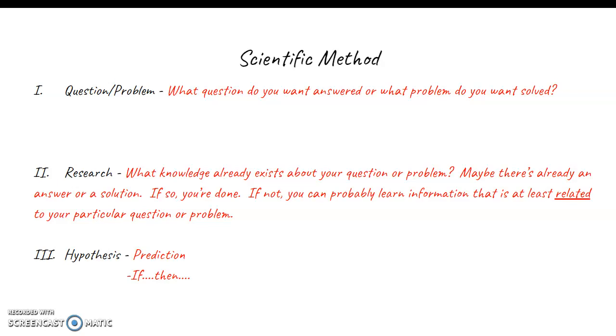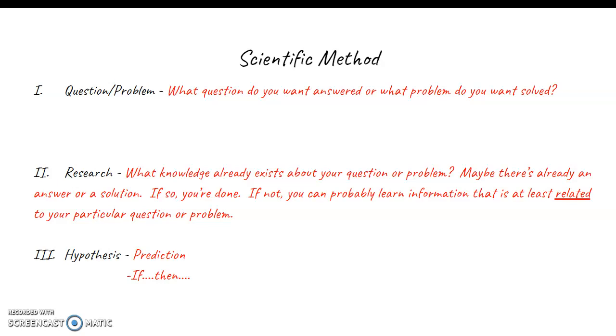We can think of it in terms of chemistry, or biology, or perhaps physics or earth science, but any science is just a quest to understand the world. And in that quest, you're going to start off with a question or a problem of some kind, something that you want to know but don't.